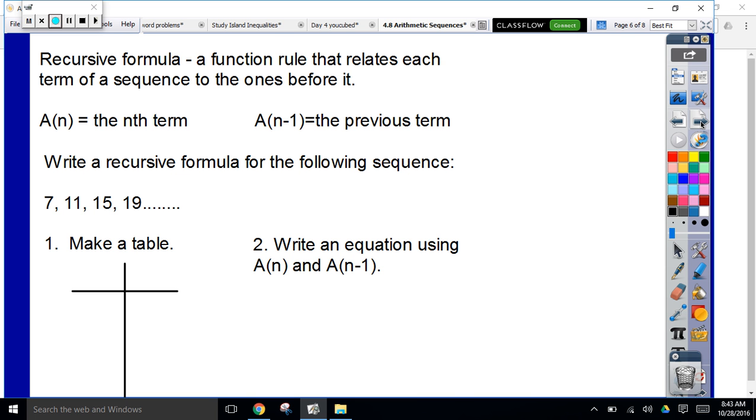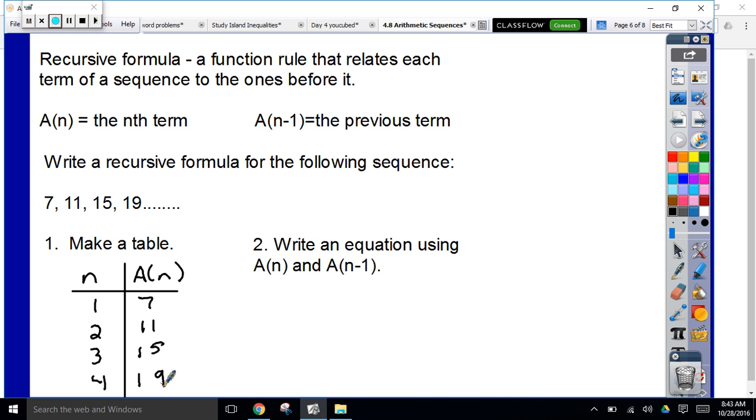So if it asks us to write a recursive formula for a sequence, the first thing we do is make that table. So we have n and a of n. N is going to be, I have 4 terms, so I'm going to do 1, 2, 3, 4. A of n is 7, 11, 15, and 19.